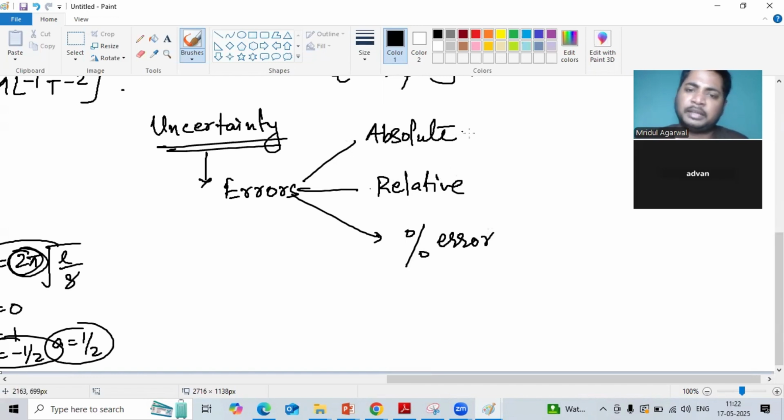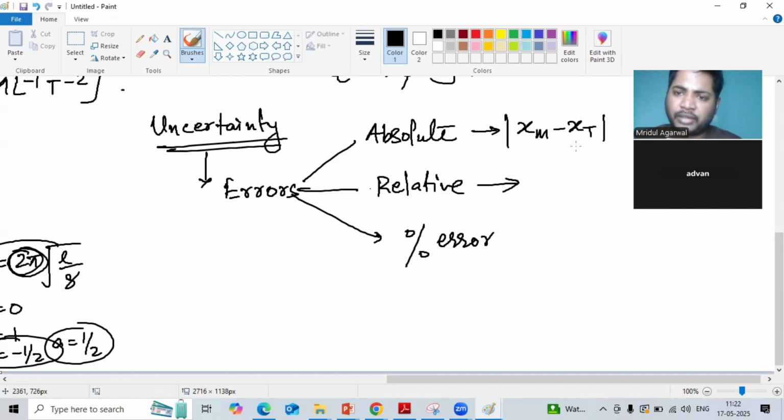So how do we define the absolute error? Absolute error is basically defined by, let's say, you have got the true value and you have got the measured value. So my measured value minus the true value, and you take the absolute value of that. Basically, if it is a negative value, it will become positive. If it's a positive value, then it will be positive. Correct?